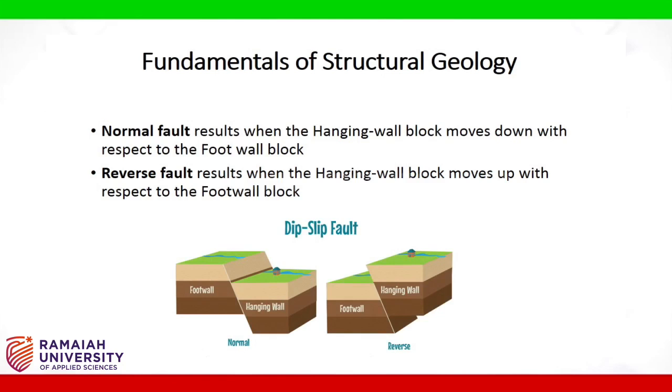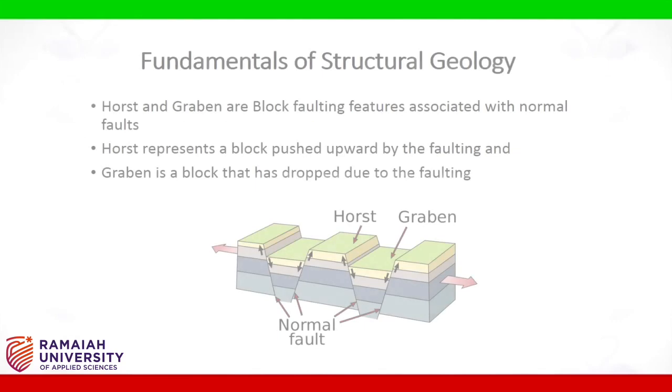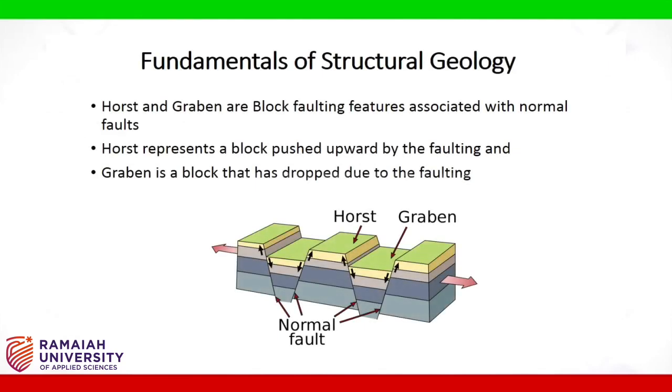Reverse fault results when the hanging wall block moves up with respect to the footwall block. Horst and graben are block faulting features associated with normal faults. Horst represents a block pushed upward by the faulting, and graben is a block that has dropped due to faulting.